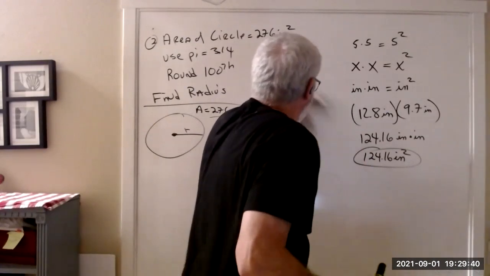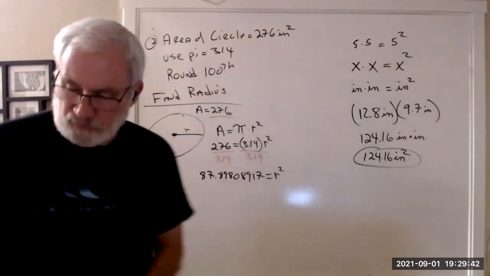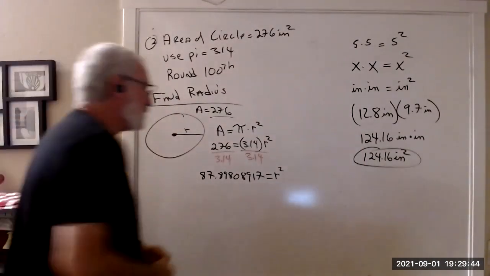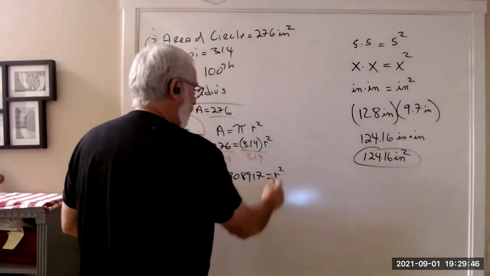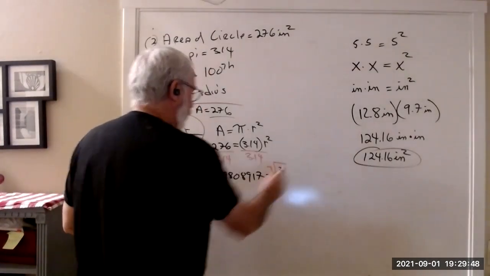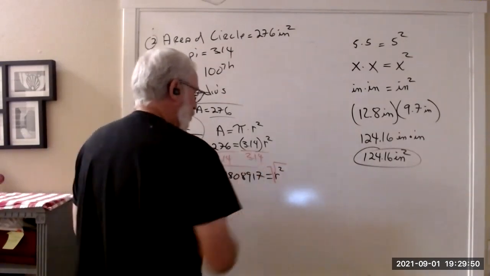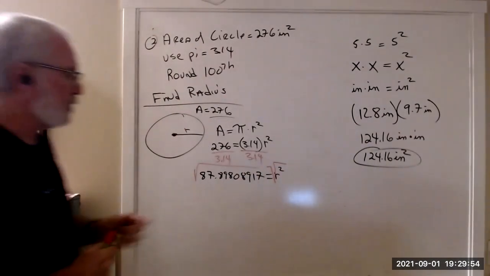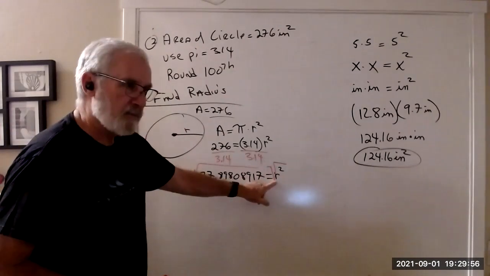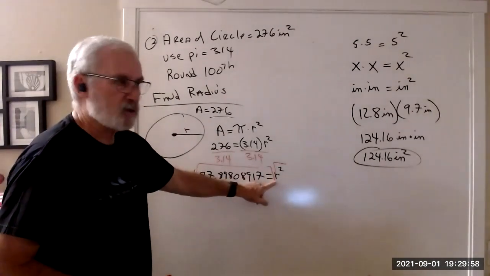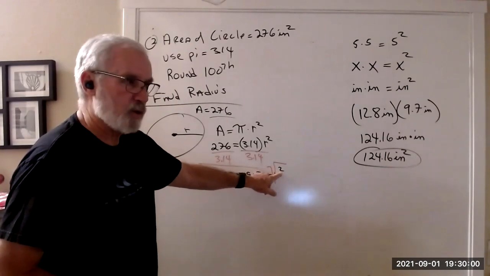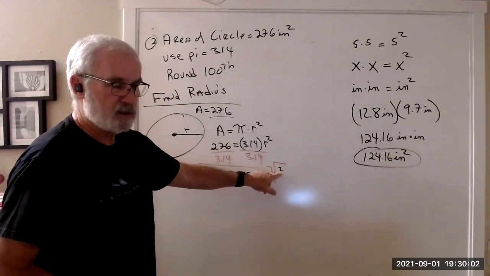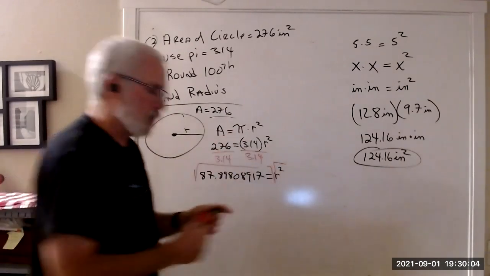So for us, the thing that cancels out a square power is a square root. You're going to square root both sides. To cancel a square power, you have to square root it. So square powers and square roots cancel.